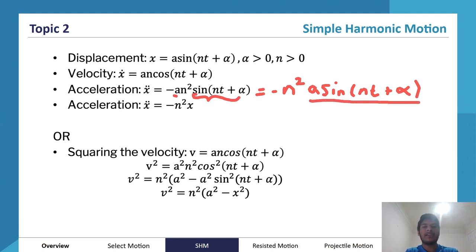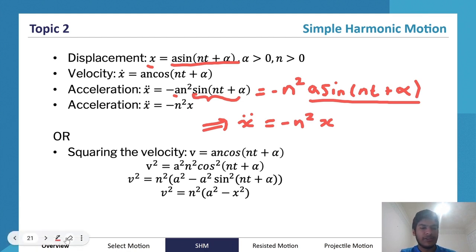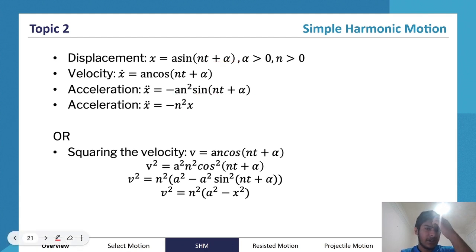Well, we've seen that expression right here. That was our position expression. And so we can say that our x double dot, our acceleration, is minus n squared x. And that's pretty cool because we can say that our acceleration is linearly proportional to our position, because n is just a constant. So our acceleration is linearly proportional to the position.